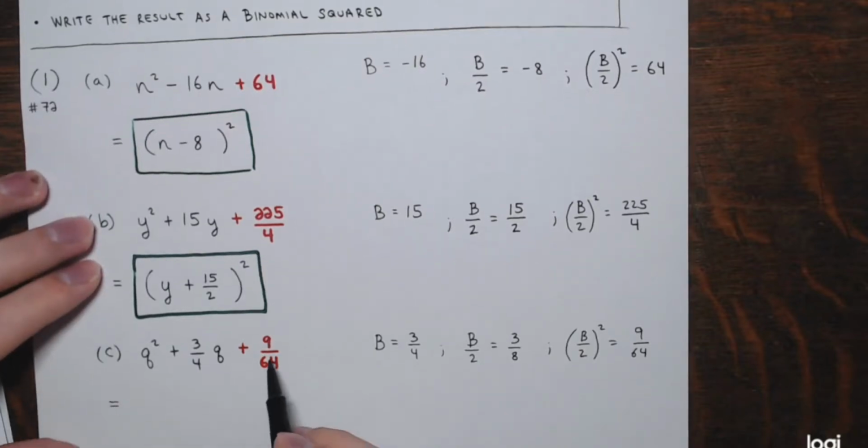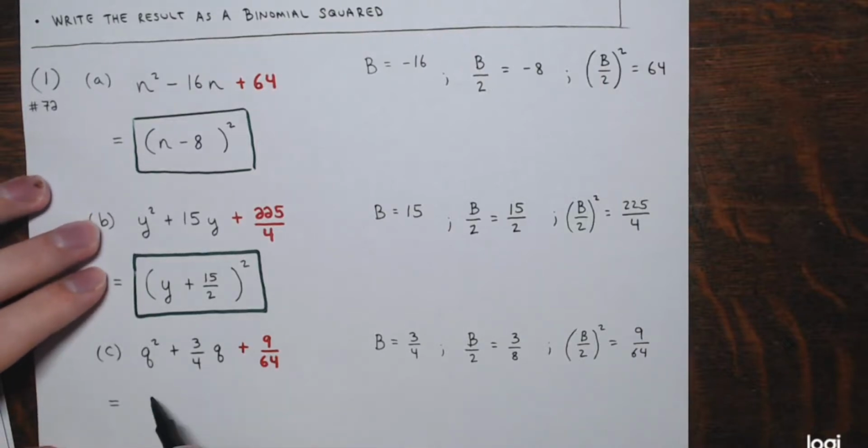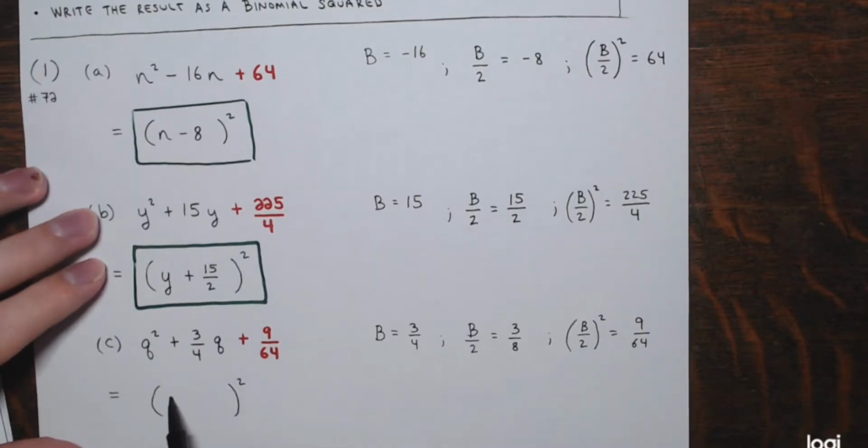And then after adding the 9/64ths, we should be able to express this trinomial as a binomial squared. All right, and this binomial will be the variable q plus whatever half the linear coefficient was, which was 3/8, so plus 3/8. Okay, so q plus 3/8 to the second power would be q squared plus 3/4 q plus 9/64.